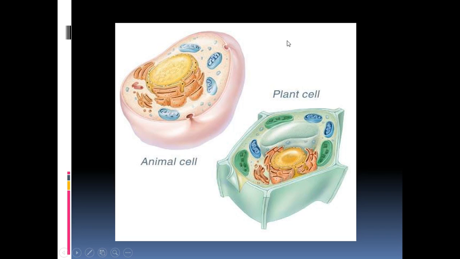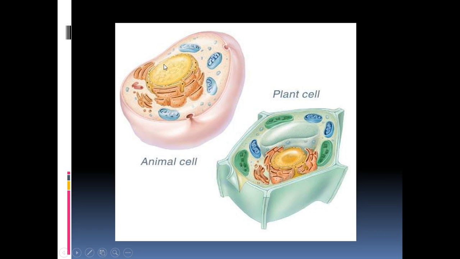Common organelles such as mitochondria, nucleus, the endoplasmic reticulum, the Golgi apparatus, ribosomes, lysosome, etc. Common structures like the plasma membrane and also the nuclear membrane, right?